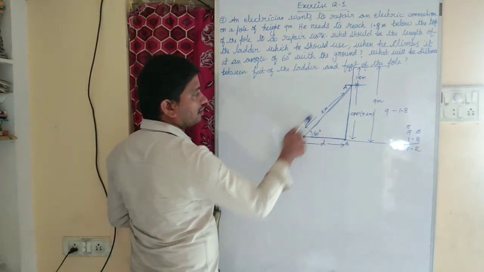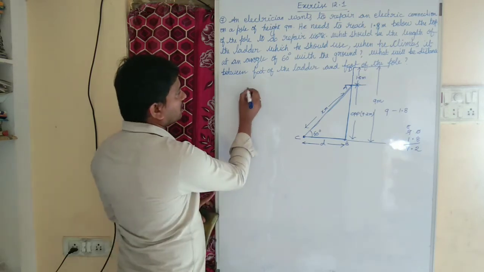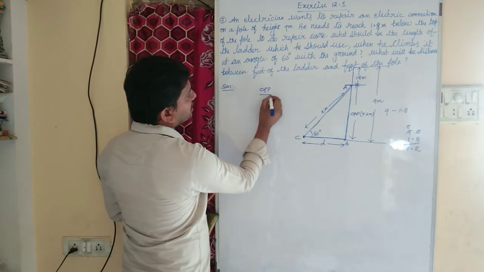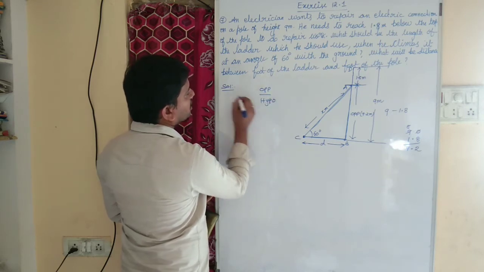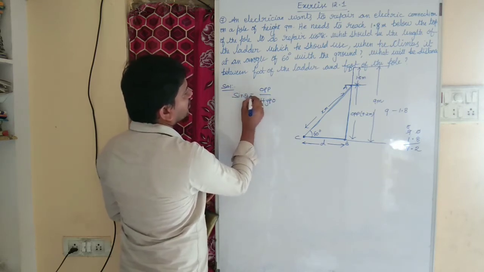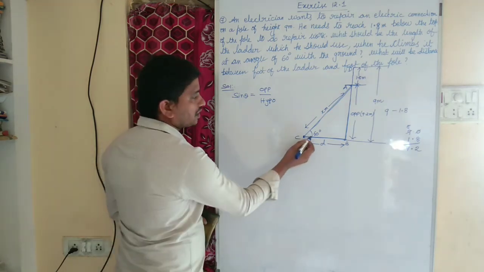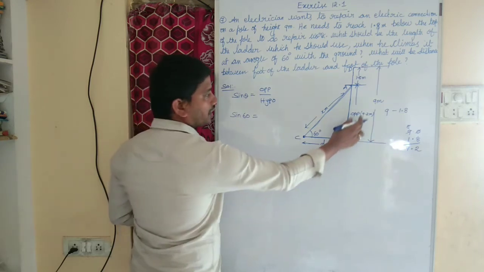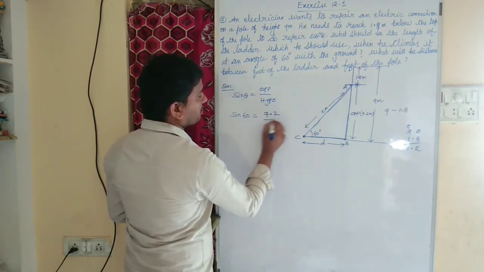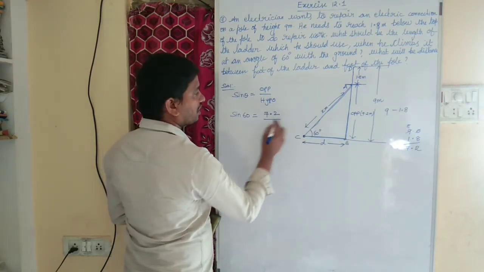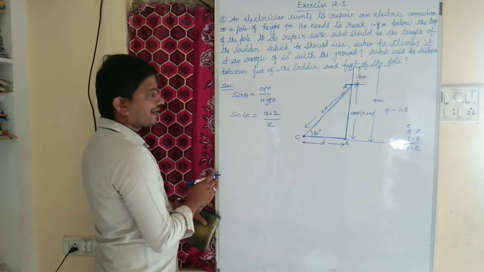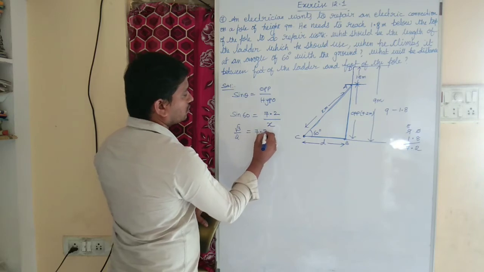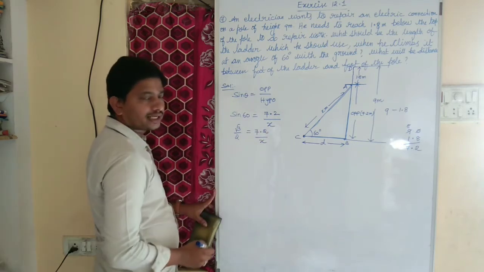So we have the opposite side and we need to find the hypotenuse. What is the trigonometric function whose ratio is opposite side by hypotenuse? That is sin theta. Sin 60 equals opposite side by hypotenuse. The opposite side is 7.2 and the hypotenuse is x meters. So sin 60 value, root 3 by 2, equals 7.2 divided by x.